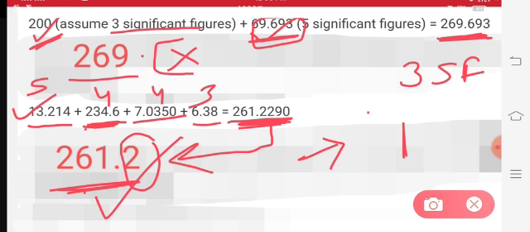Similar is the case for the subtraction rule. Now we will take the case of the multiplication and division rule. Both hold the same rule.